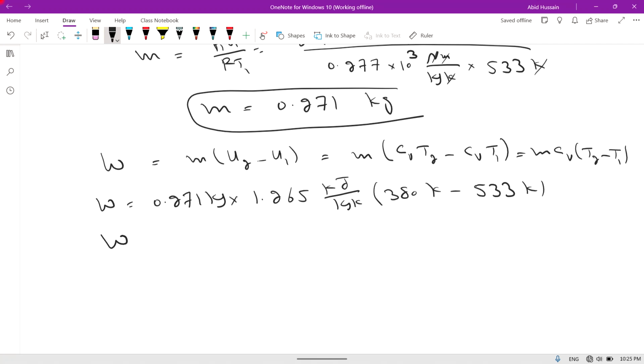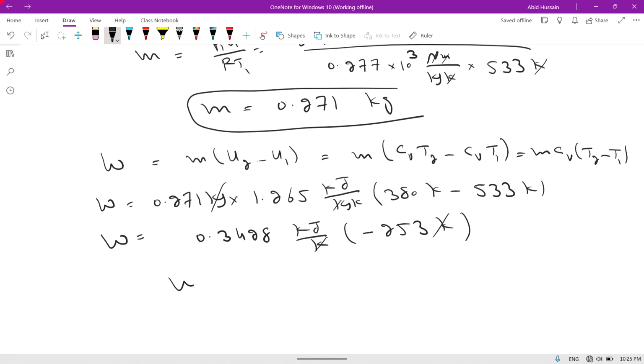So W is equal to 0.271 multiplied by 1.265, which is 0.3428. The kilogram will be cancelled, so the unit will be kilojoule per Kelvin. And 380 minus 533 is equal to minus 153 Kelvin.